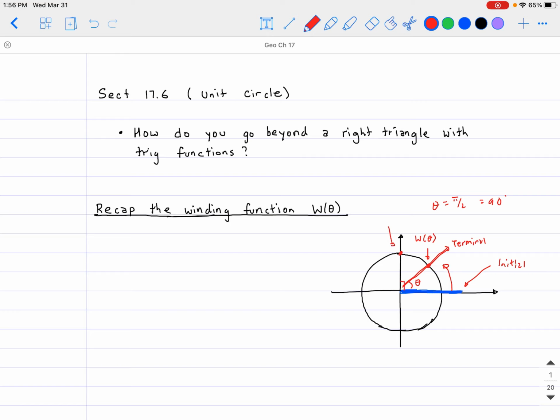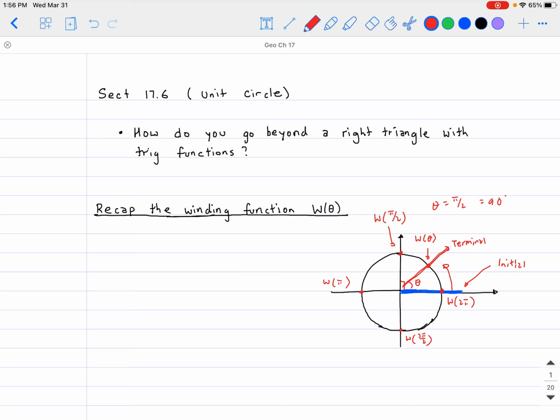So this will be W of pi over 2. Then if I go all the way over here, this will be W of pi. And this point right here will be W of 3 pi over 2. Once you get to W of 2 pi, which is the same thing as 2 pi radians, you're going to go back to the beginning of the circle.